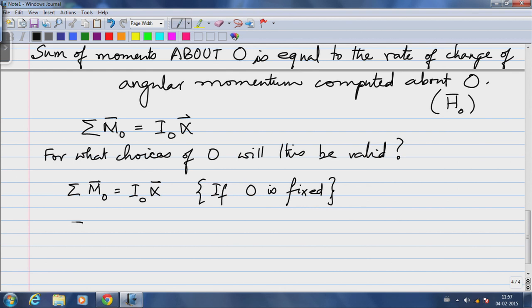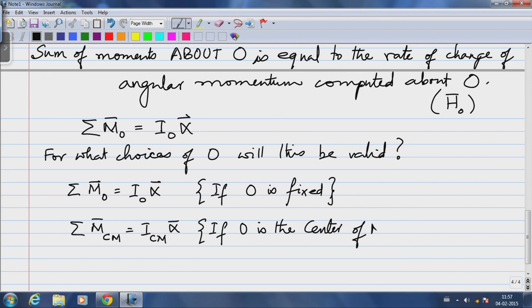The second condition is if I compute the moments about the center of mass and I compute the moment of inertia about the center of mass. That would also be a case where the simple, nice and elegant form that we get from Newton's second law is still valid.